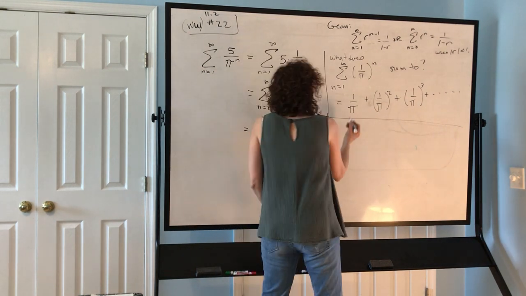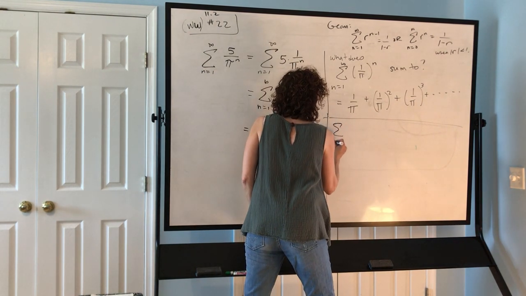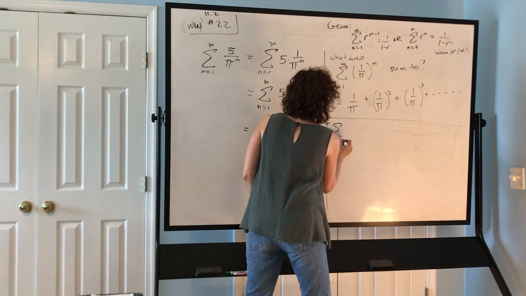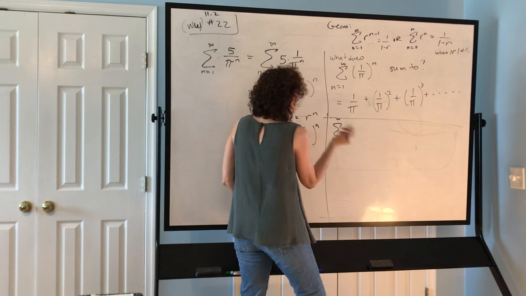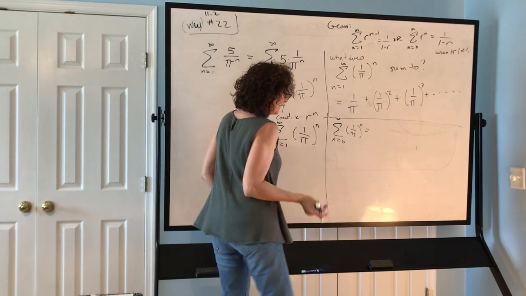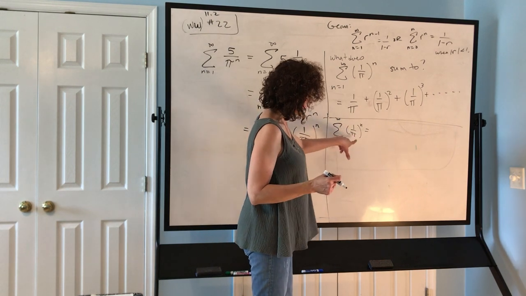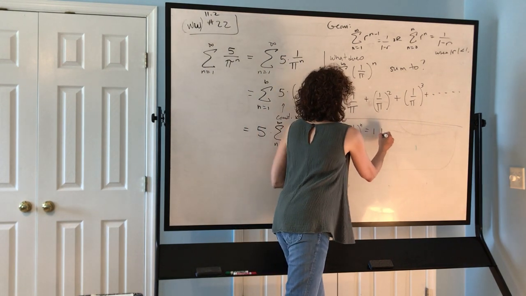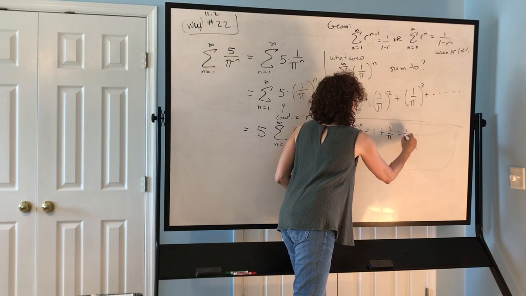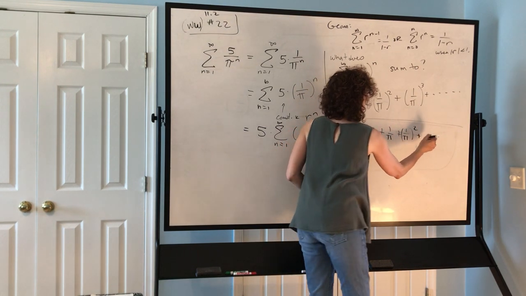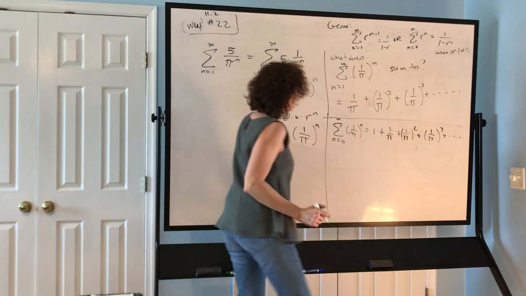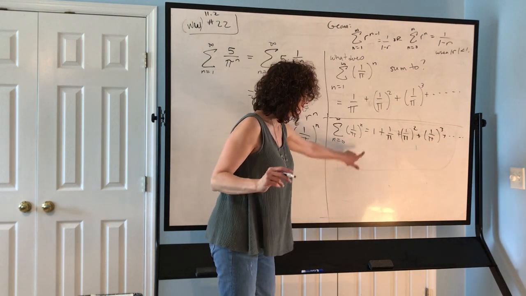So, if I had the sum n equals 0 to infinity, just to work with that guy for a sec, of 1 over pi to the n. What is that? Well, when n is 0, 1 over pi to the 0 is 1, plus when n is 1, 1 over pi, plus 1 over pi squared, plus 1 over pi cubed. What do I know that sums to?